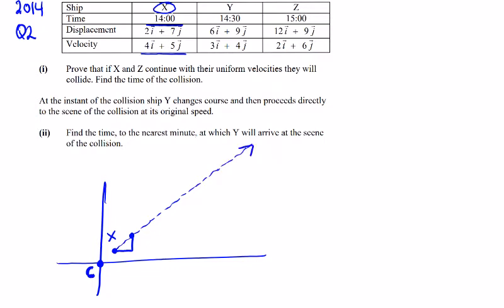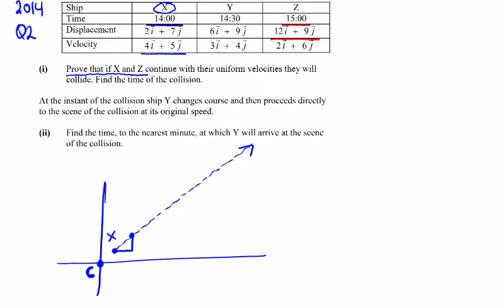Now, what else is happening? Part 1 is X and Z together, so let's look at the two of them together. Prove that if X and Z continue with their uniform velocities, they will collide, and find the time of the collision. Well, this was X at 2 o'clock, and we have Z at 3 o'clock in a position of 12i plus 9j.